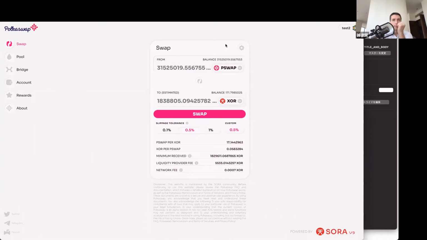Let's see. I'm trying to think if I want to demo this on the dev stand or the test network. Give me a second here, and I will prepare the environment. I don't want to give away all my things here.